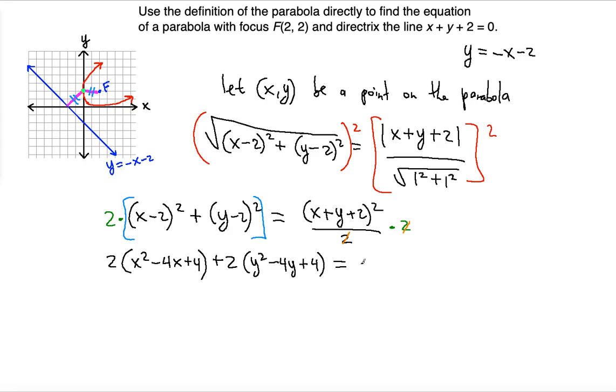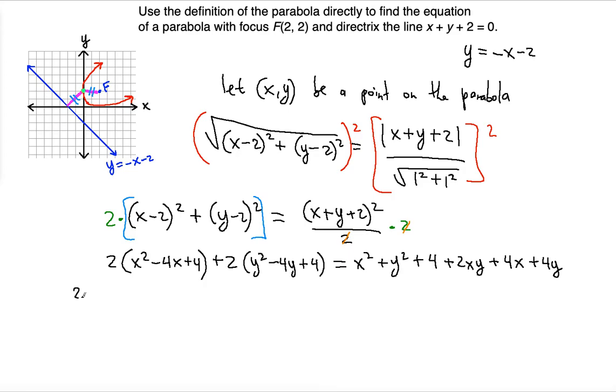There's no more fraction. x squared, the first product, plus y squared, the second product, plus 4, the third product. And then two products of x and y being added, so plus 2xy. Two products of x and 2 being added, so plus 4x, 2x times 2 is 4x. And finally, two products of 2 and y, so that's 4y. I believe this is it, because we already had the last product, 2 times 2.